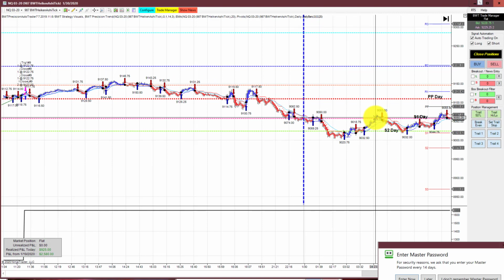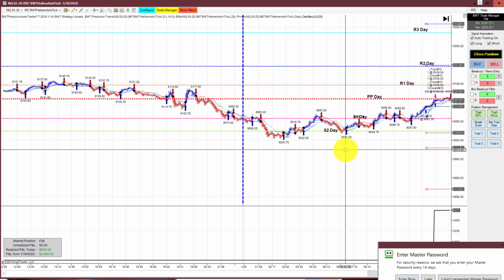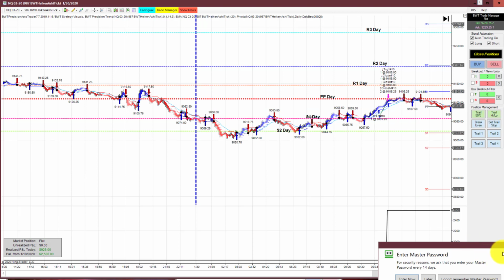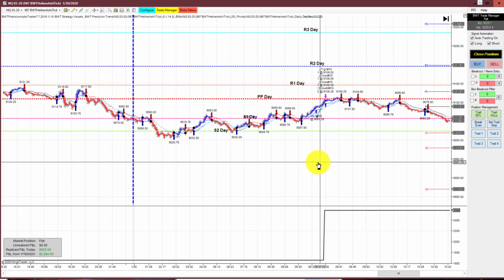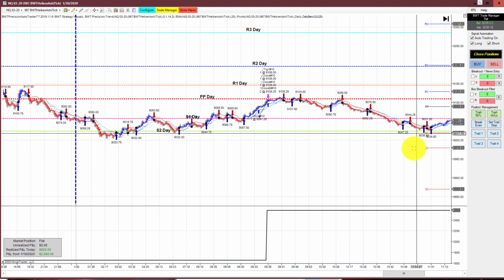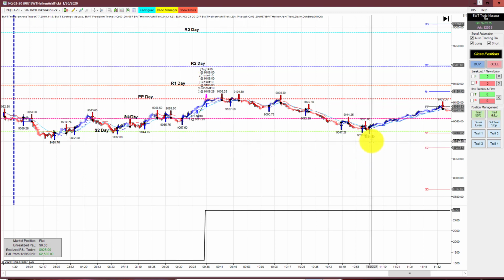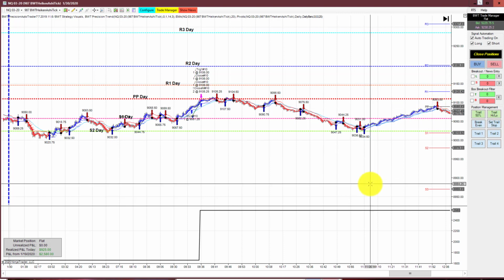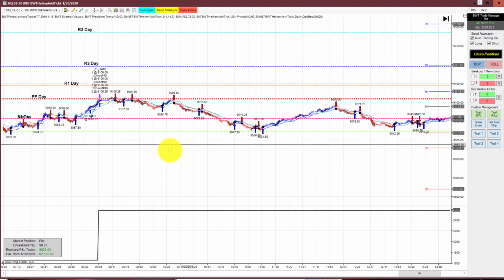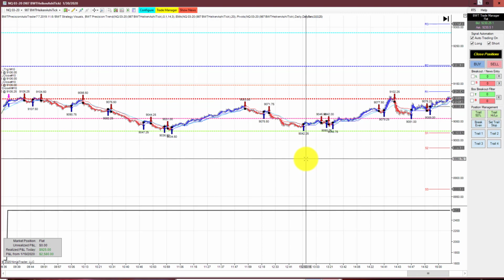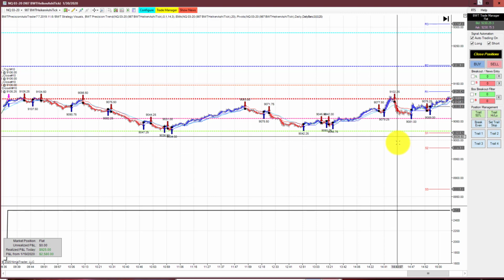You can see S1 here definitely acting as resistance, and then up to the pivot point acting as resistance there, and then coming down to support 2, and that acted as support, and then up to the overnight pivot, and then back down, a test of support 2, but a little higher, kind of the midpoint there, and then up to the pivot point, bouncing off the pivot point.